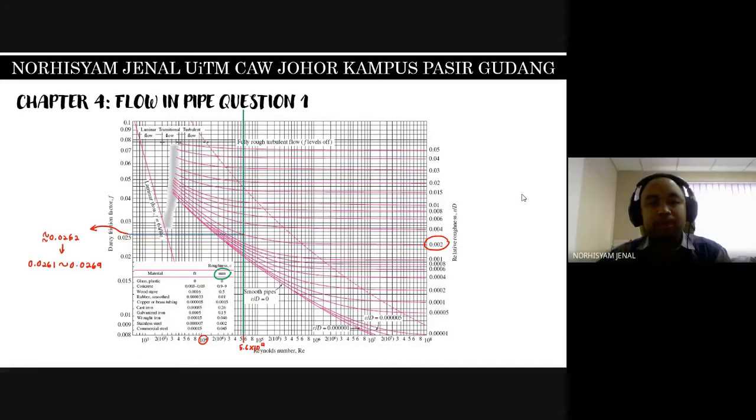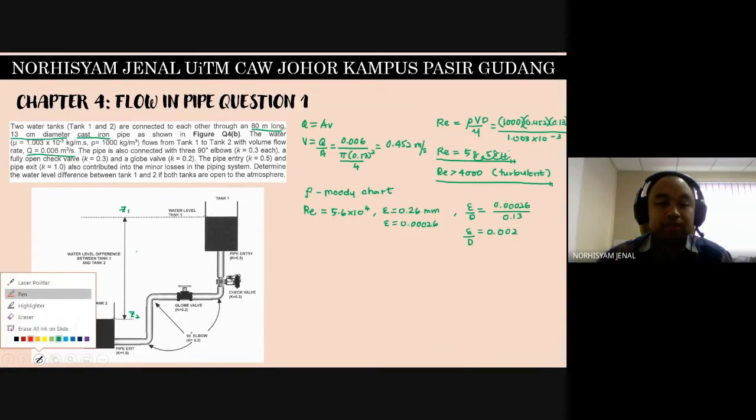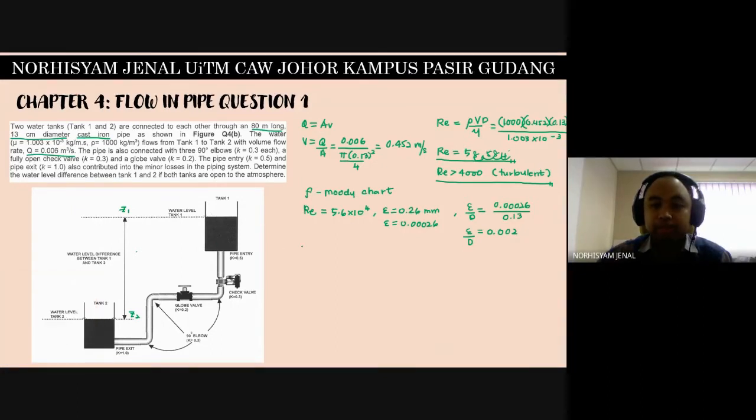Okay, so that will be the Moody chart. So we have the answer 0.0262. So here, based on the Moody chart, we get the answer for the question to be F, 0.0262.